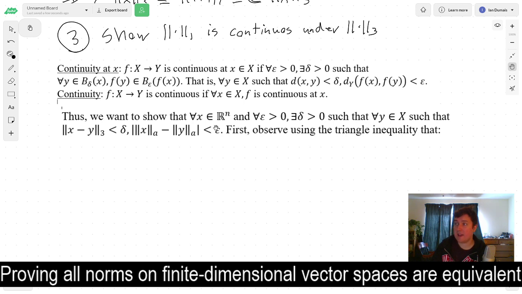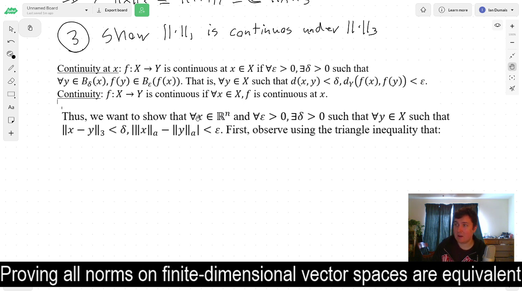We're measuring distances in Rn by norm 3, and our function is norm 1. It's a little confusing, but it's more of a tracking thing than a conceptual thing. We're going to measure our distances in Rn by norm 3. Our function is norm 1.